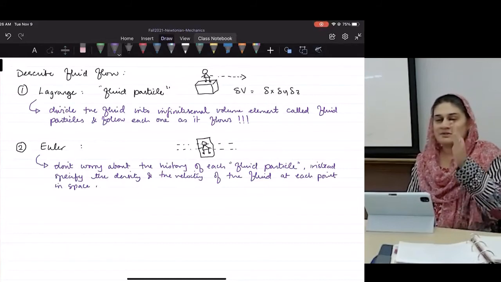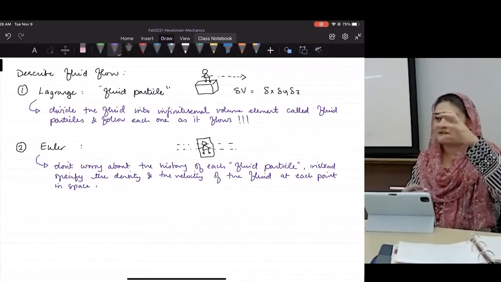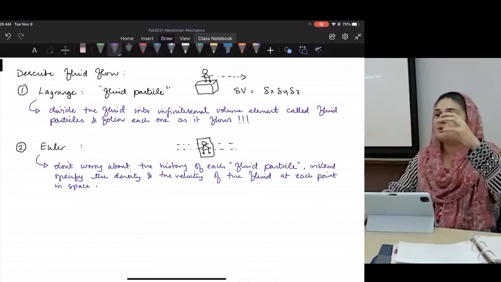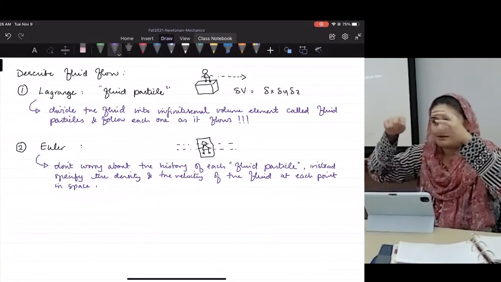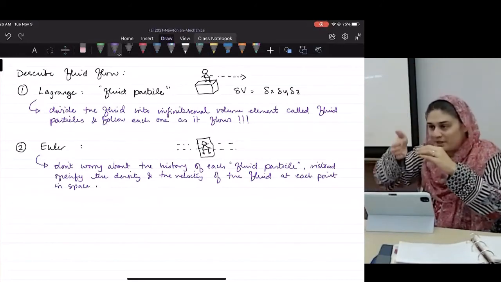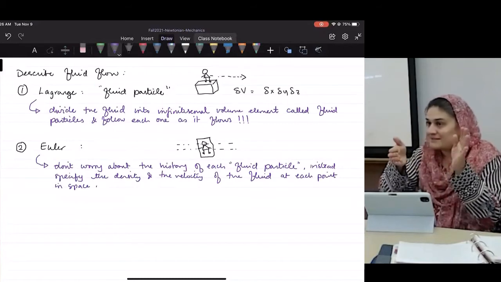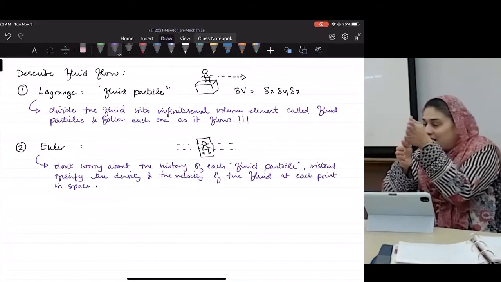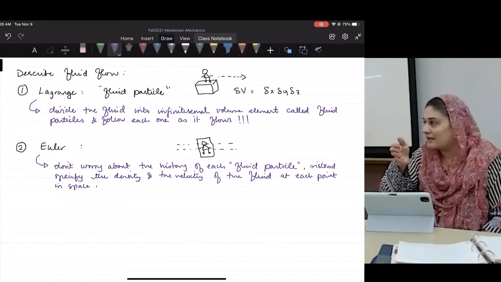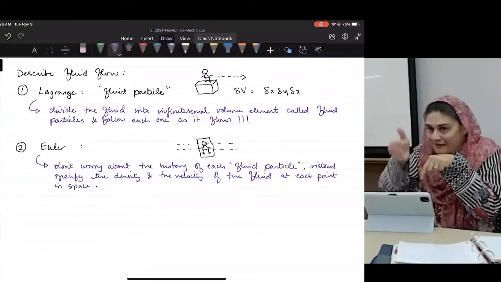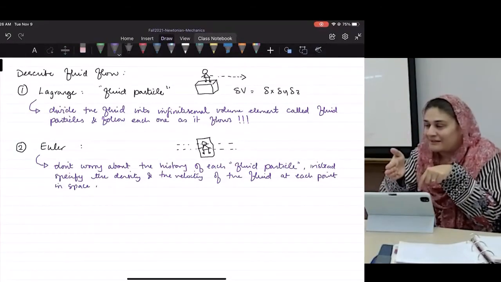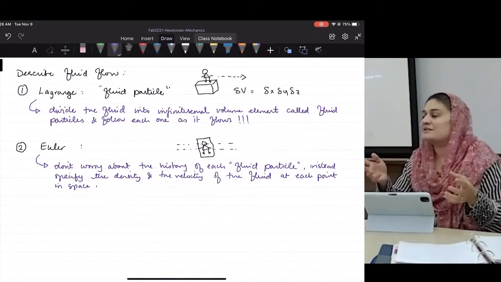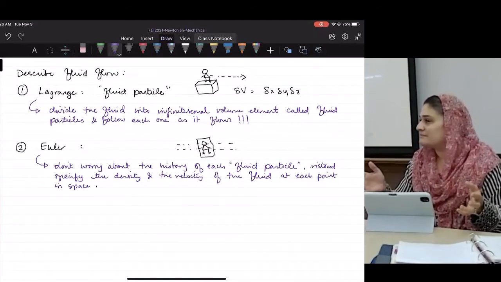So think about it, for example, if something is flowing through a pipe, you don't worry about every single particle that's in the pipe. You just worry about a particular cross-section and see how much water is flowing through that cross-section. Got it? So it's like you standing there, like you put a meter right there and see how much flow goes through.